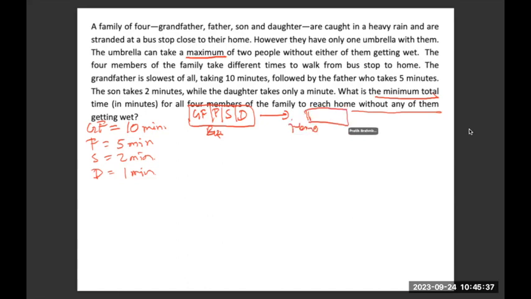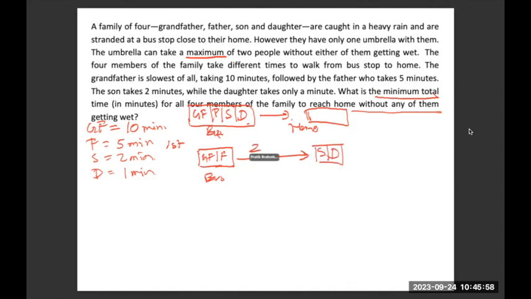In this first iteration, the son and the daughter will go first. The grandfather and father will stay at the bus stop. The son and the daughter will reach home.